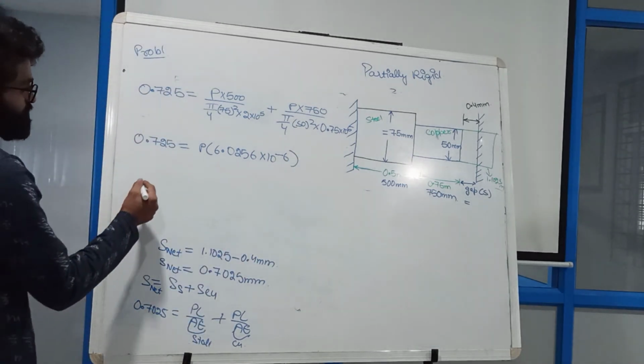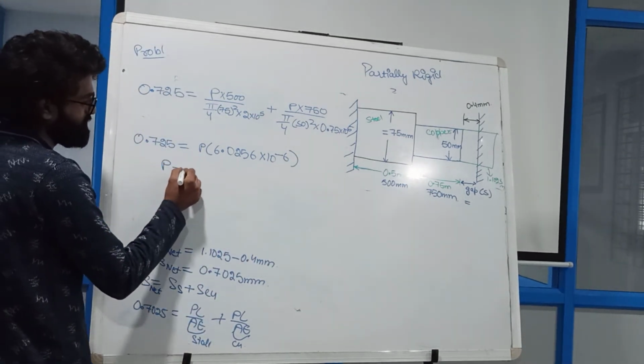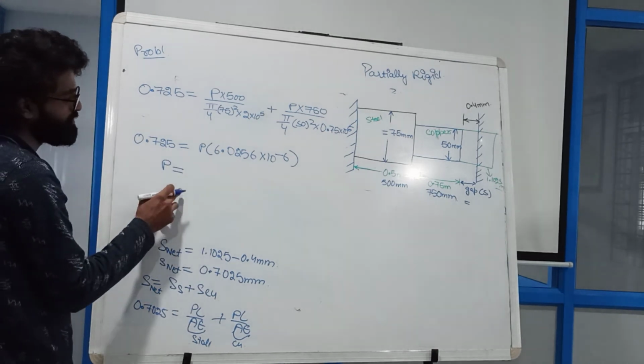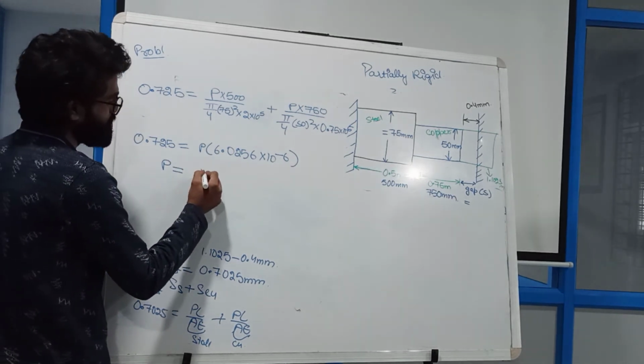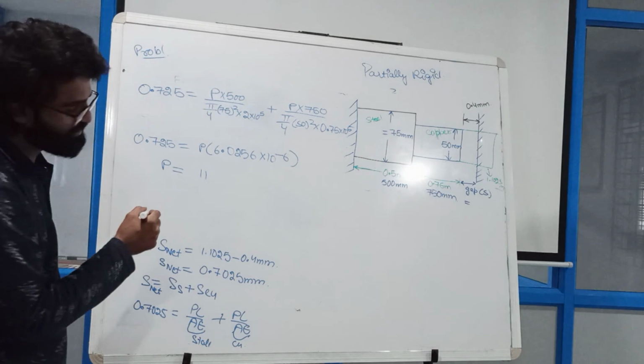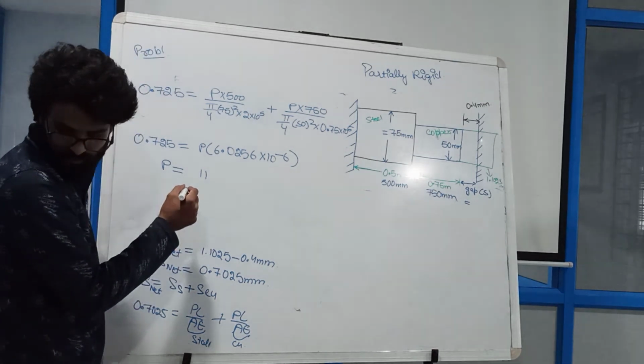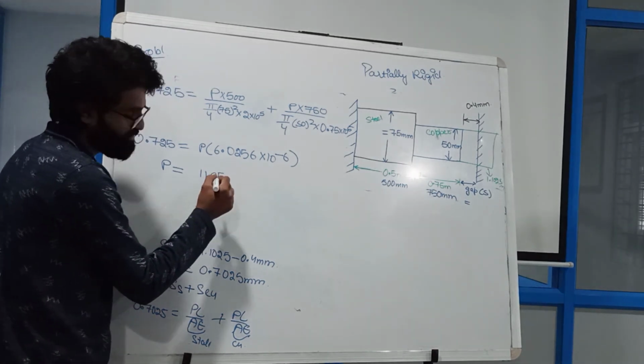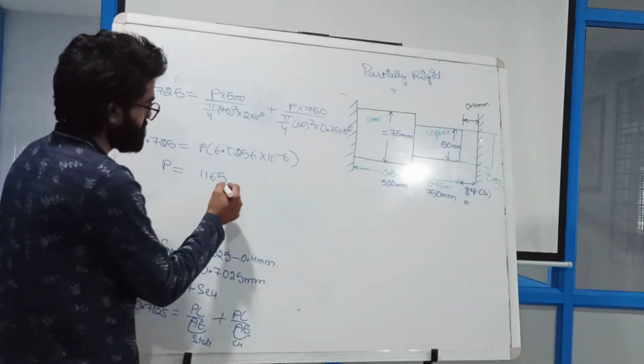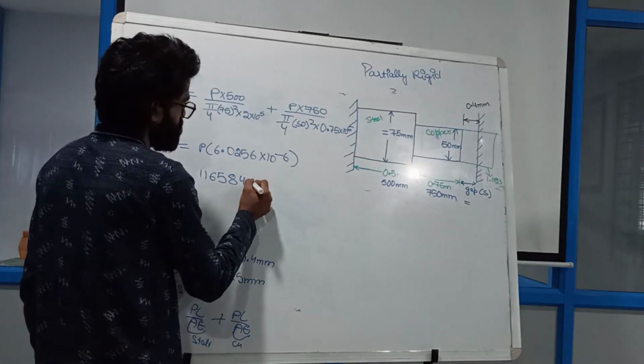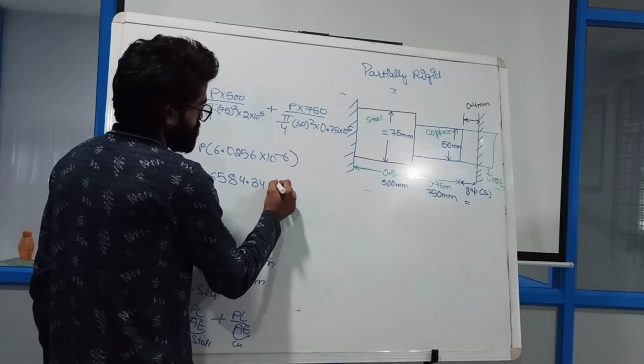From here, if I want to calculate the P value, this will go down, so I am getting the P value 658.34 Newton.